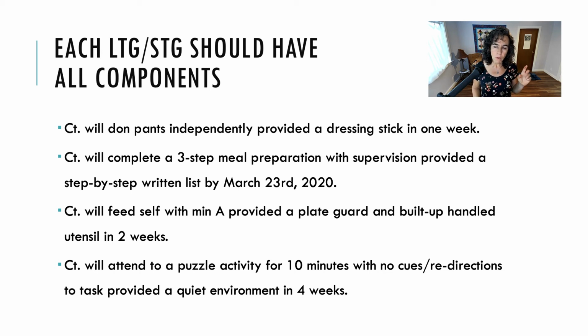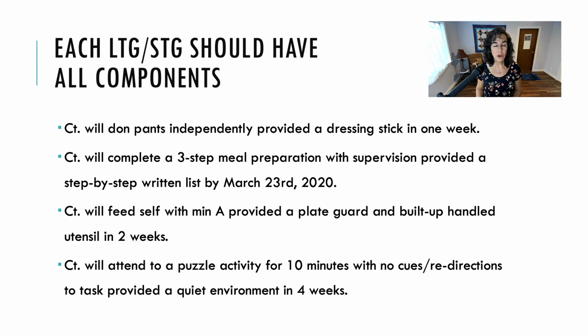Now, notice that they don't have this piece of the puzzle, which is identifying what is the problem that has precipitated writing this goal, right? So it's inherent sometimes. Like, for example, client will don pants independently, provided a dressing stick, in 1 week. The condition actually lets us know what the problem is.